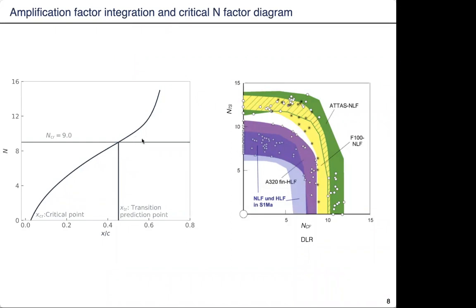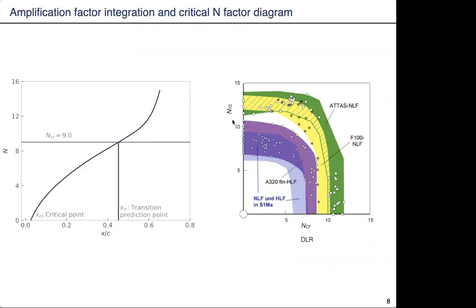The critical N factor here, we can see it is very important in determining the transition locations. And the value is dependent on the environmental factors such as the noise, surface roughness, and turbulent intensity. And it is usually calibrated by the experimental tests, such as the flight tests and the wind tunnel tests.